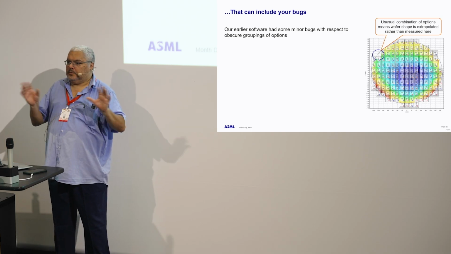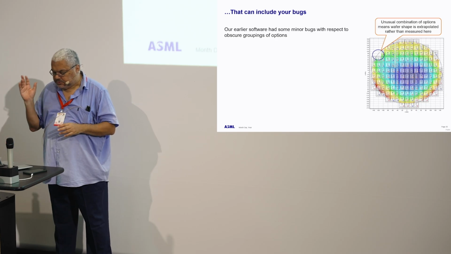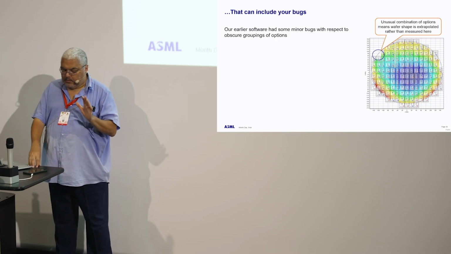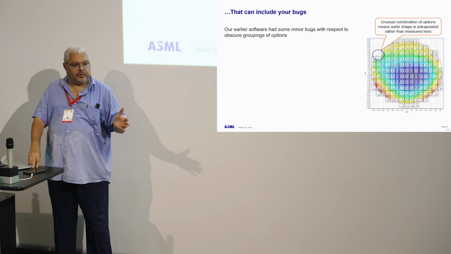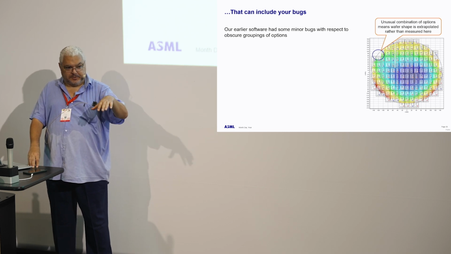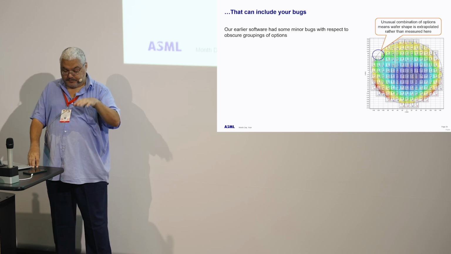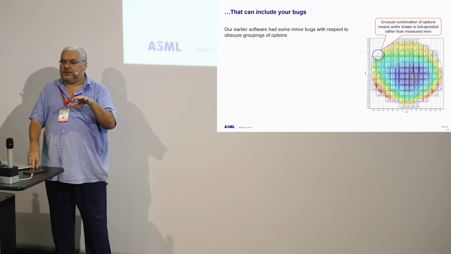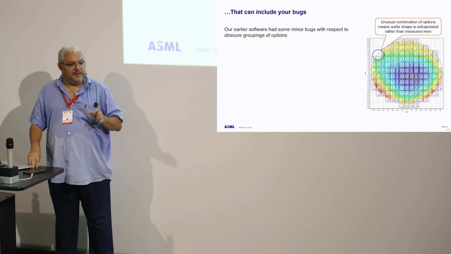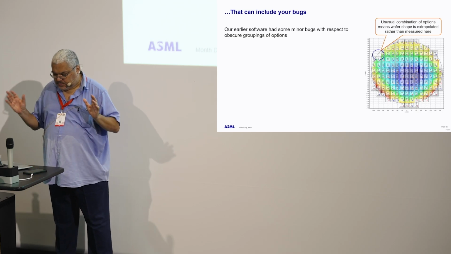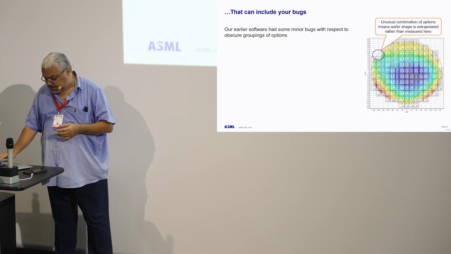And at the point when this bug was introduced, it was a bug. It wasn't seen as particularly high priority because the difference between that extrapolation and the measured data was absolutely tiny. So, we had some more urgent things to deal with, so okay, fine, we'll deal with it later.